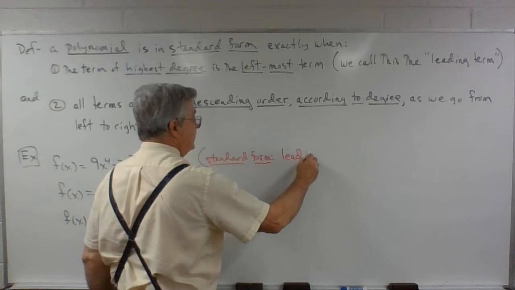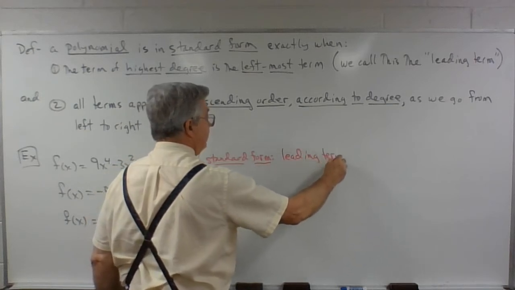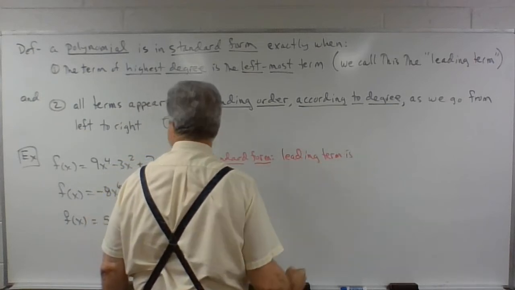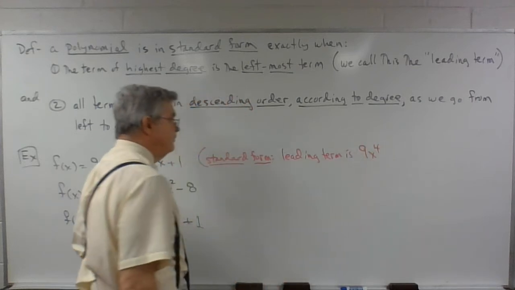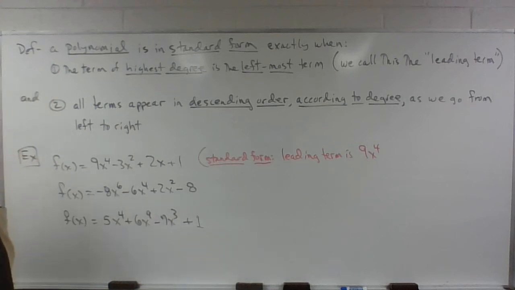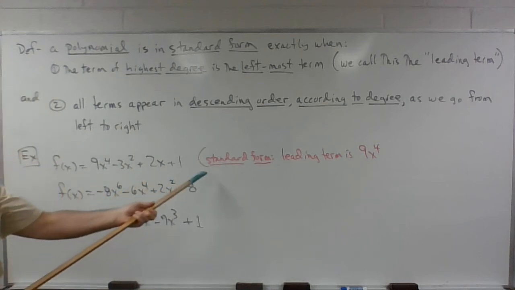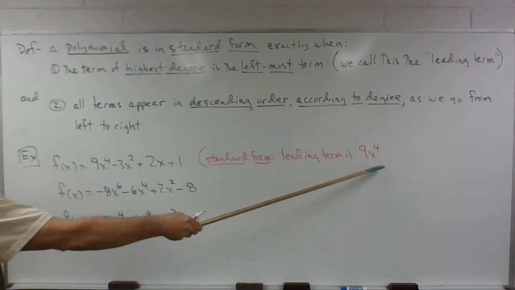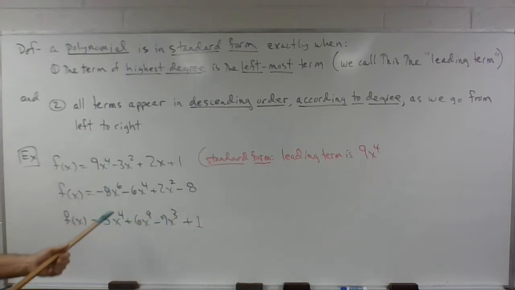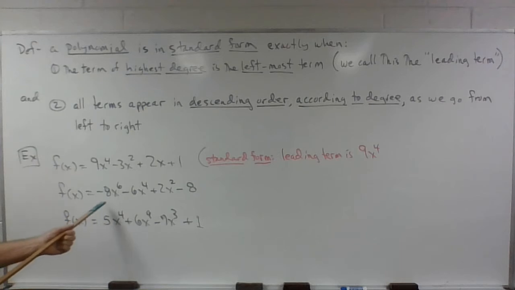So we'll say leading term is 9x to the 4th. And I think I might want to add something here in a minute, so I won't close the parentheses over here. Let's look at this polynomial.